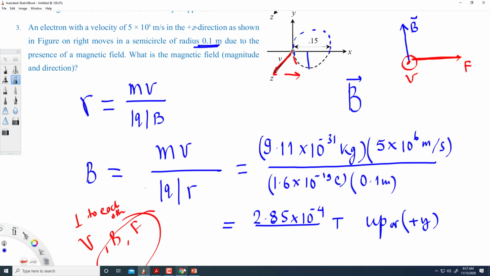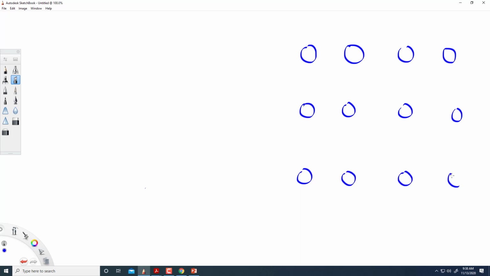But let's say we have a wire carrying some current. So instead of a single charged particle, we have a wire, and the wire is in some magnetic field. Let's say in this case the magnetic field is coming out.